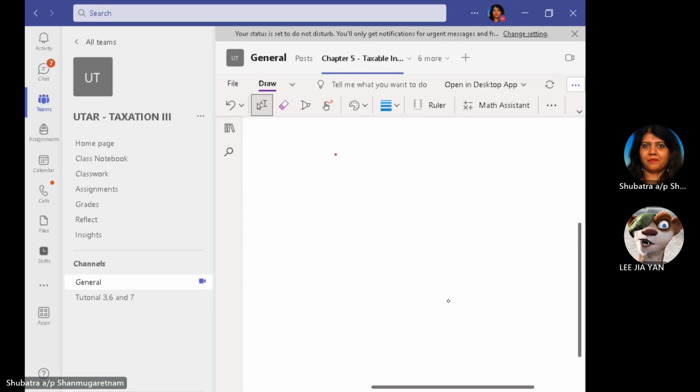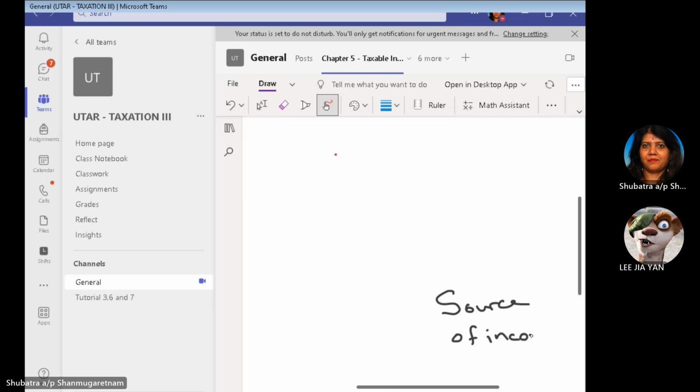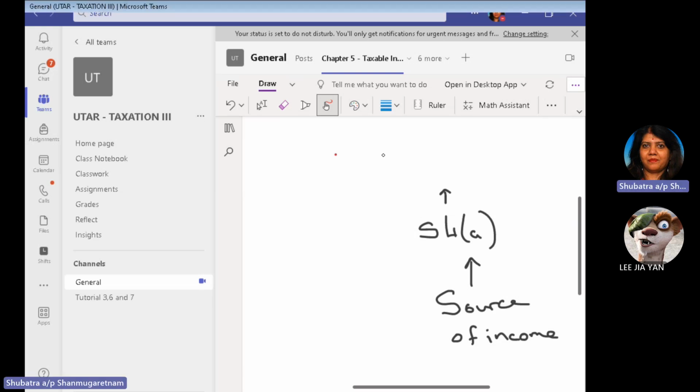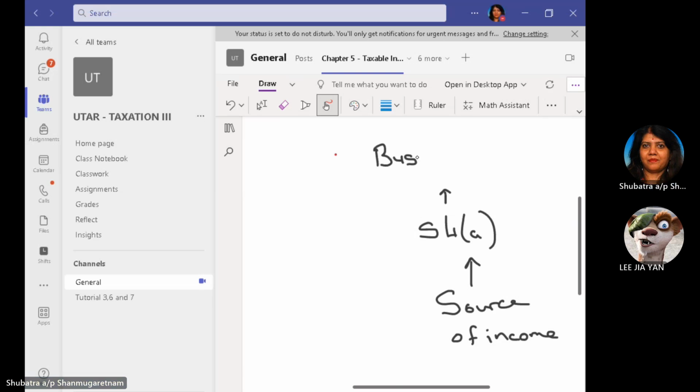Now, this is just a revision. Sources of income. Section 4A. Under your Section 4A, you have your business income. Section 4A is your business income. All right.